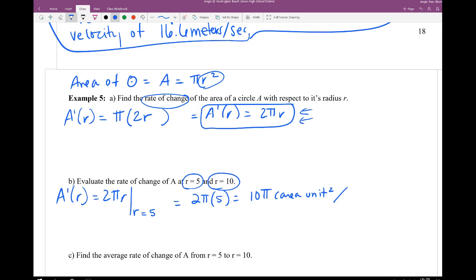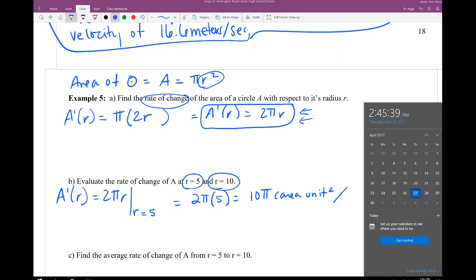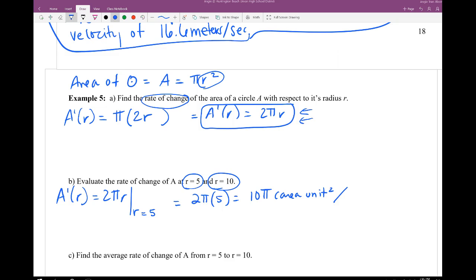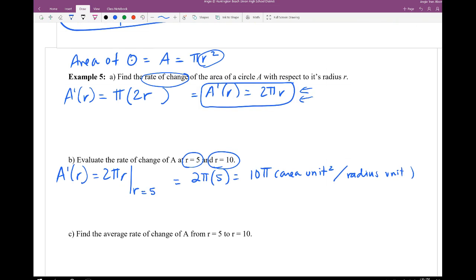The area would be inches squared, so inches squared over inch. So this is the radius unit. Since it didn't give you anything here, I'm just going to spell it out that way. So when the radius is 5, the rate of change of the area is 10 pi.